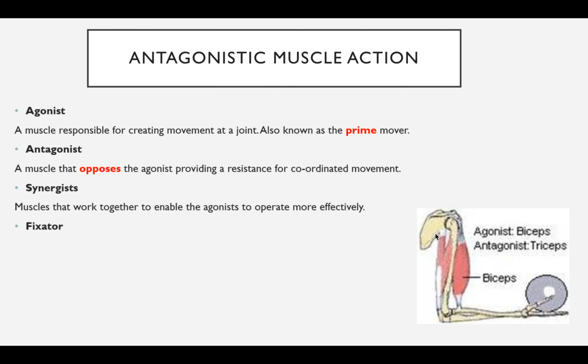The fixator, however, is simply the muscle that stabilizes part of the joint. Think fixator, fixing, fixes, stabilizes. For example, in this picture, the bicep is the agonist during elbow flexion, the tricep is the antagonist, and the fixator would be the deltoid, stabilizing the shoulder joint during that movement.